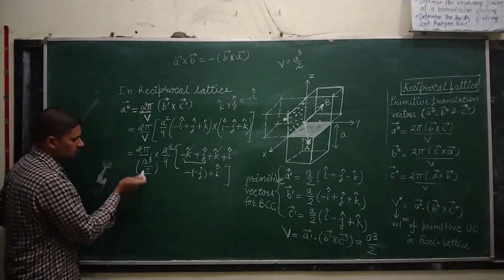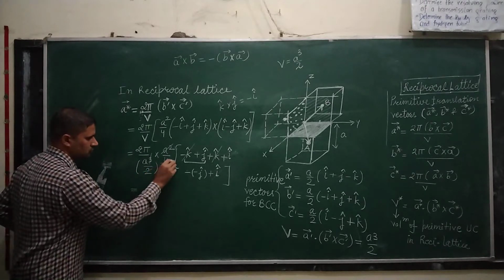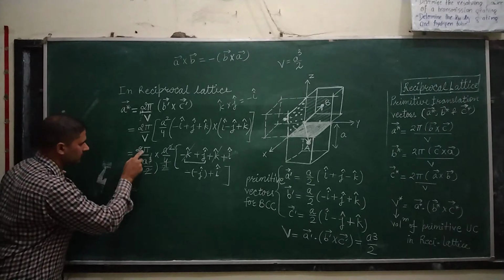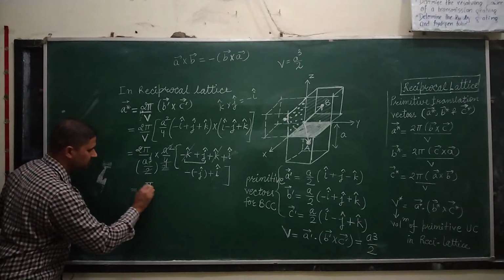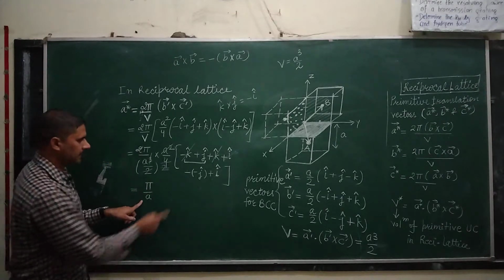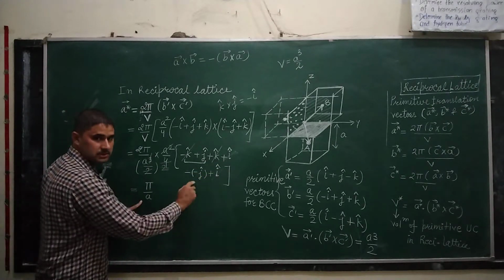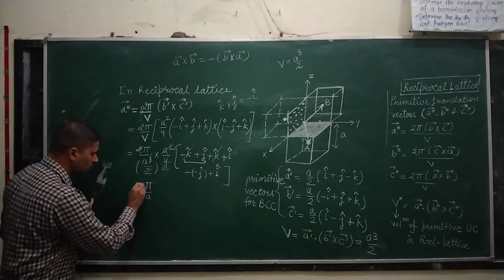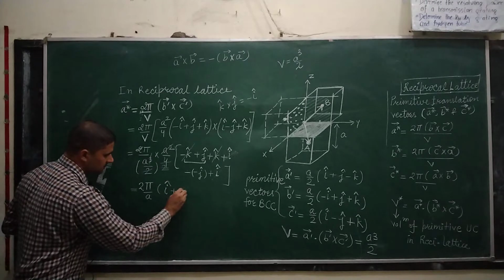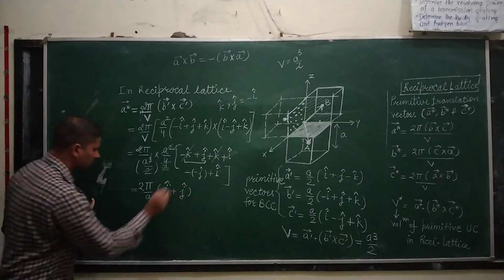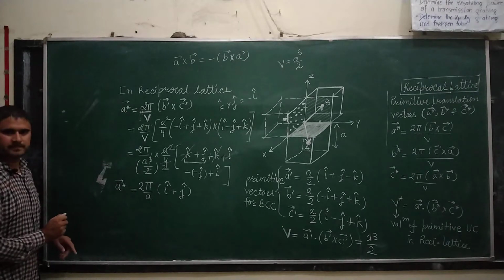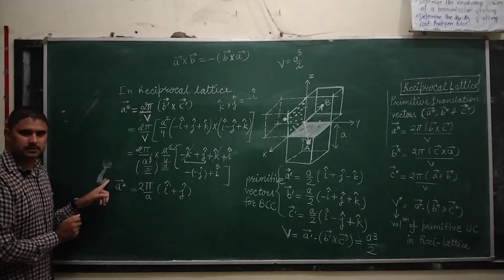Okay, so 2 into 2 is 4 and 2 into 1 is 2, so you are left with pi by A, and then 2i plus 2j, so I am taking 2 common, so it will become I plus j. Okay class, so this is a star vector.